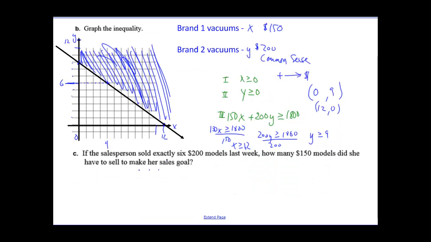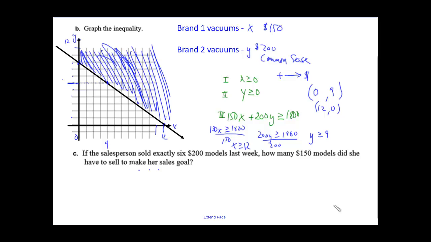If the salesperson sold exactly 6 $200 models last week, how many $150 models did she have to sell to make her sales goal? If we go up on the y to 6, because that's the 6 of the $200 models, and if we go over to the line, there happens to be 4 on the x, so we know we've got to probably have 4. We could have more.